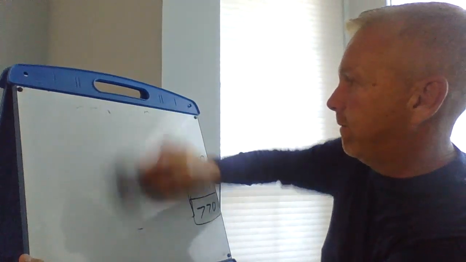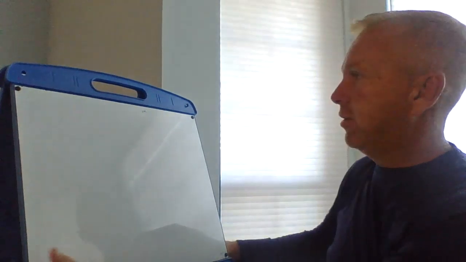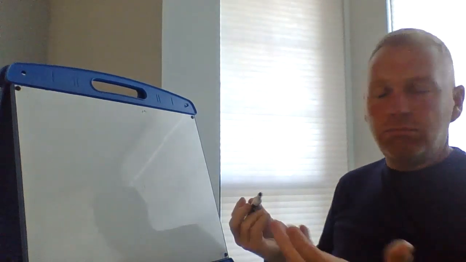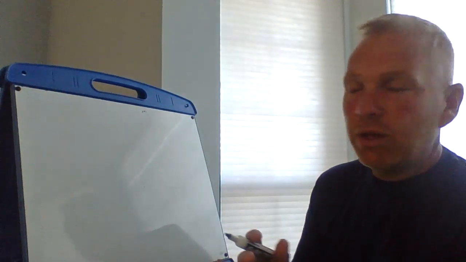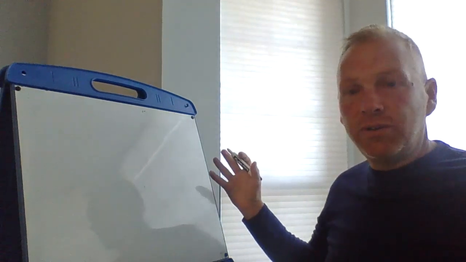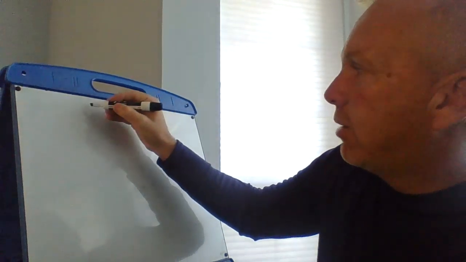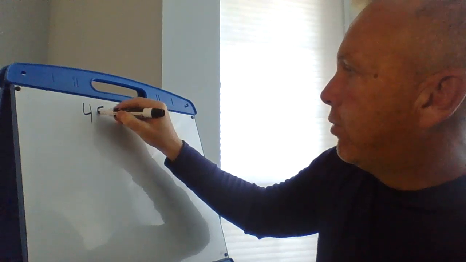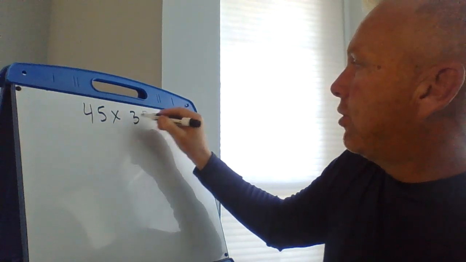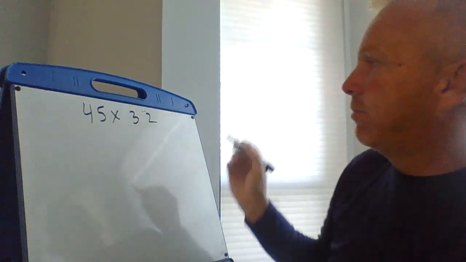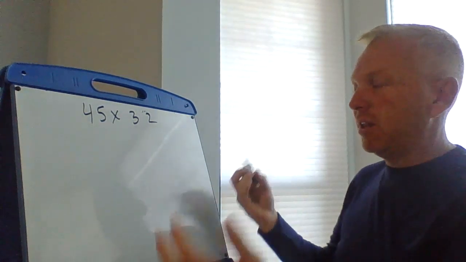All right, so let me do one, and I'll just talk through it and not break it down, but let me just show you that on a test or whatever, you can do it and feel confident that it's not going to take you a long time. So say we had a problem that was 45 times 32. I'll just do it from beginning to end.